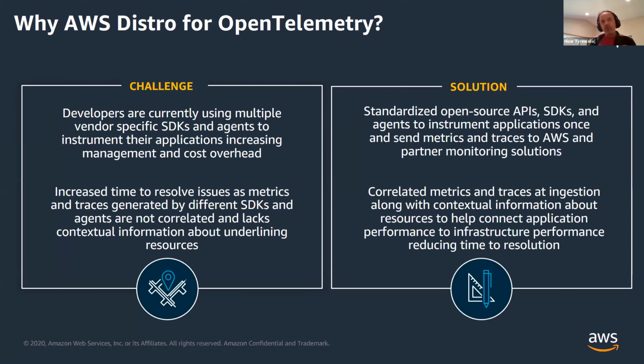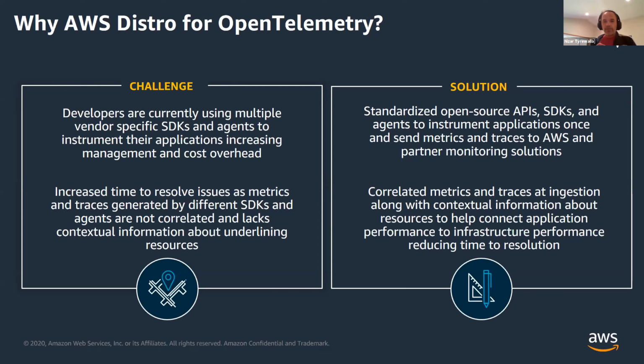In order to address these problems, the open source community came up with a project called OpenTelemetry. OpenTelemetry provides a standardized open source set of APIs, SDKs, and agents, enabling customers to instrument their application once and send the correlated logs, metrics, and traces to any destination of their choice.